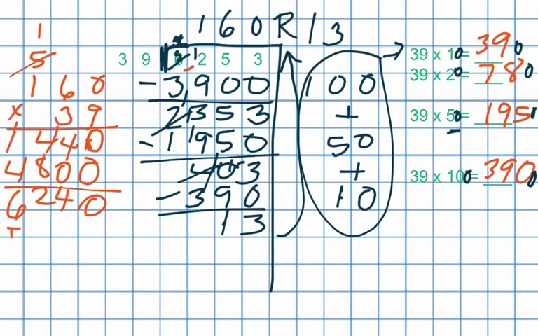But don't forget, I have to add my remainder of 13. 3, 5, 2, 6. 6,253. And look at that. It looks like my answer was correct. Excellent. I got the dividend.